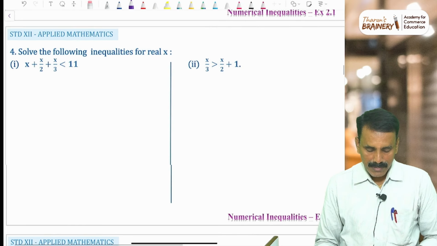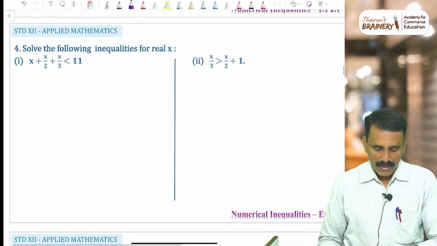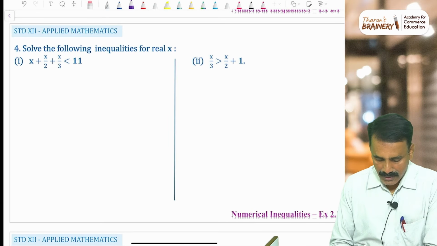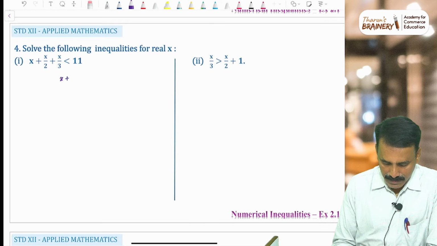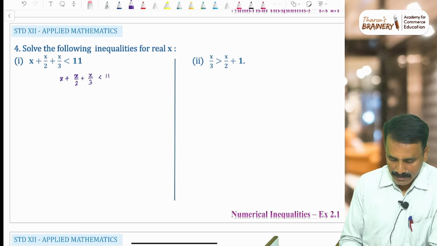How to simplify this expression? On the left hand side, we take LCM. So, we write this inequality: x plus x by 2 plus x by 3 less than 11. So, we take LCM now.